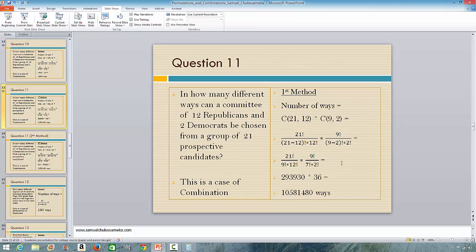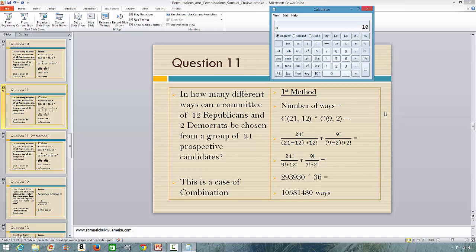When you do that, you have this. If we do that with a calculator, we have 9 factorial times 12 factorial equal to this. Remove memory, change memory, M plus.